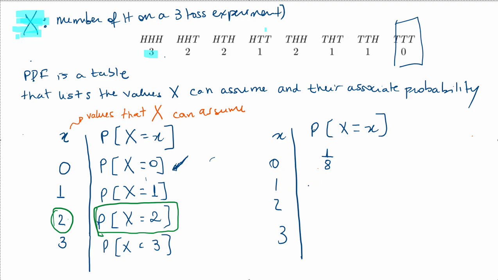Now the second line, let's go and complete this. What's the probability of my random variable equal to 1? Who wants to try? 3 over 8, right? So you have this outcome, and this outcome valid.